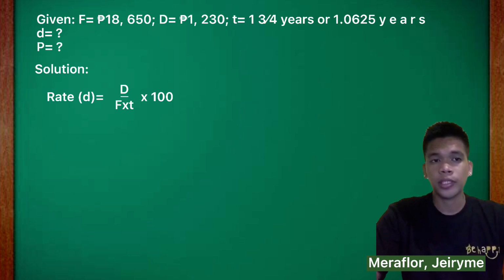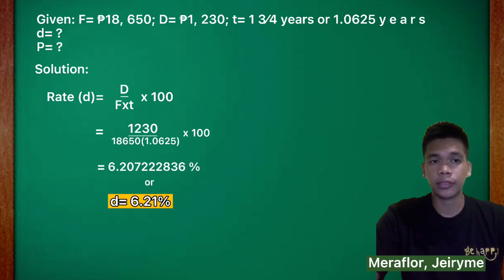D is 1,230, F is 18,650, and T is 1.0625, and the answer is 6.21%.